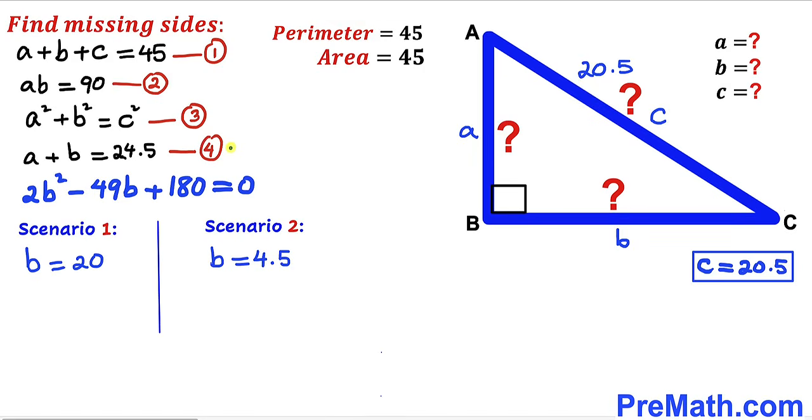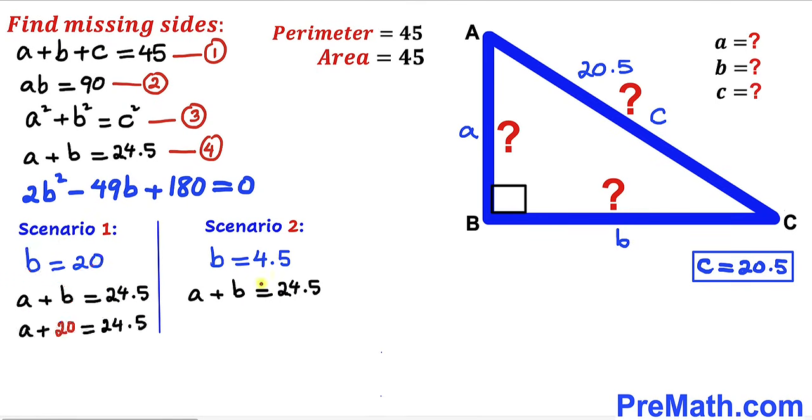And now let's focus on this equation 4. And here I have copied down this equation 4 over here on this side and on this side as well. And our equation 4 is a plus b equals to 24.5. And our b value is 20, so I'm going to substitute that value over here. And likewise, I'm going to substitute that b value 4.5 over here, as you can see in this next step.